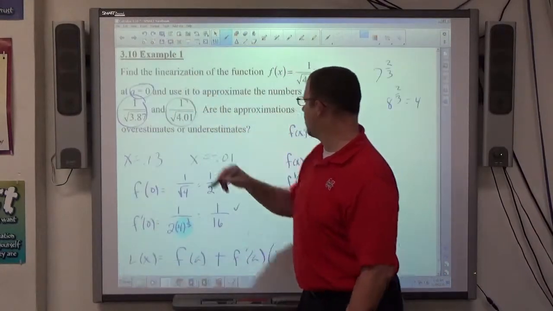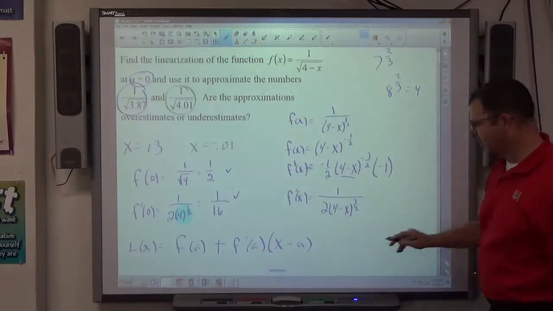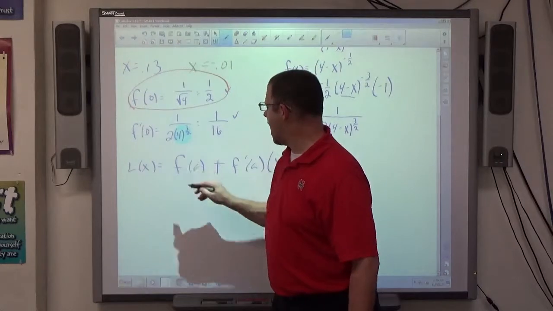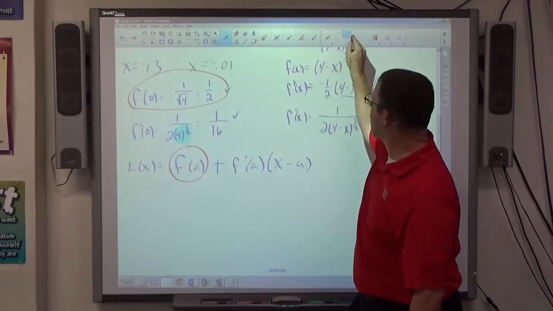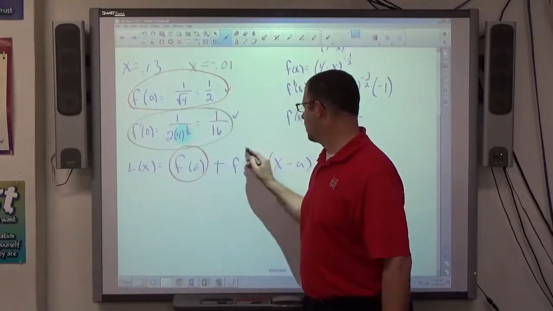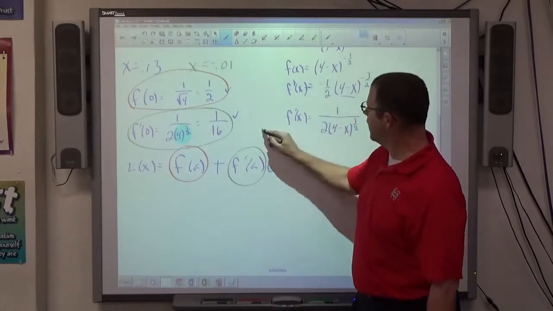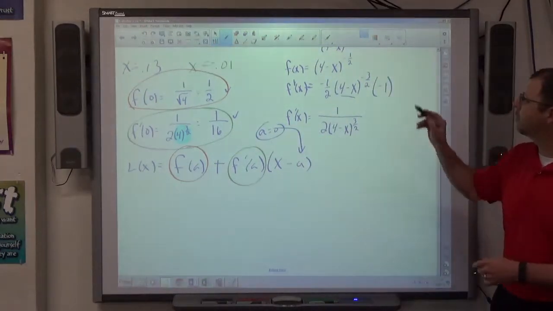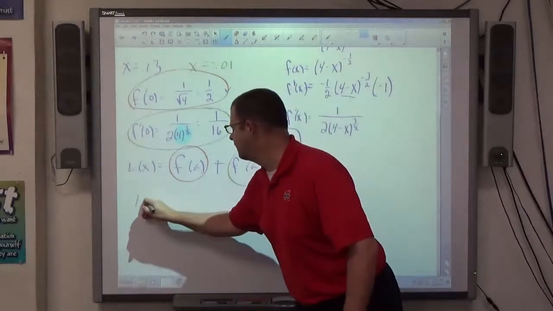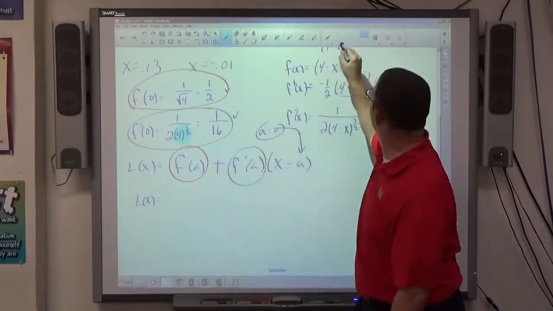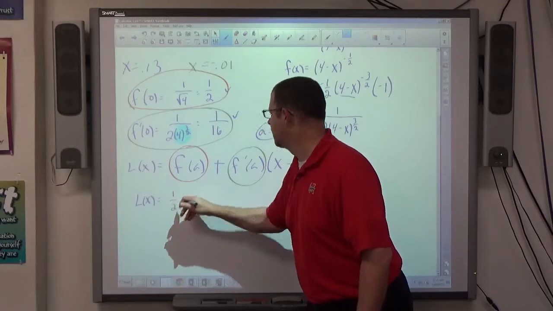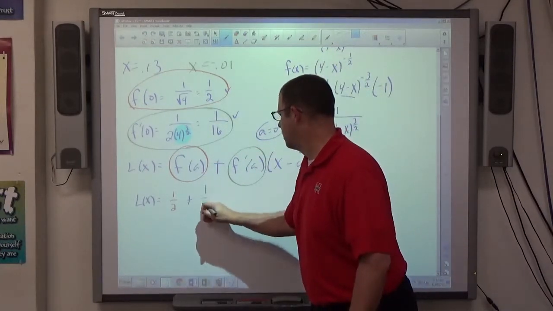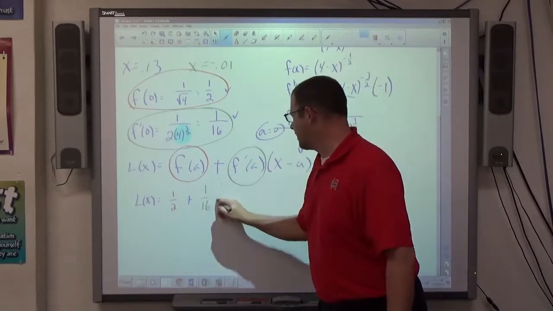So if I come back over here, got my formula right there. F of A is 1/2. F prime of A is 1/16. And A equals 0. Alright, so if I just substitute stuff in, I get L of x is equal to 1/2 plus 1/16 times x minus 0.